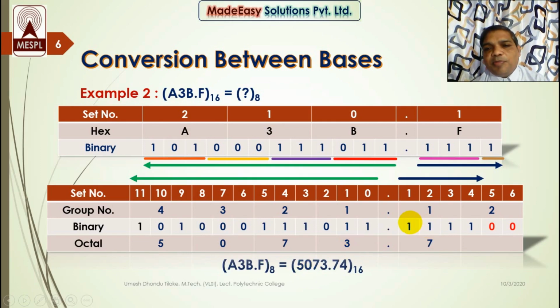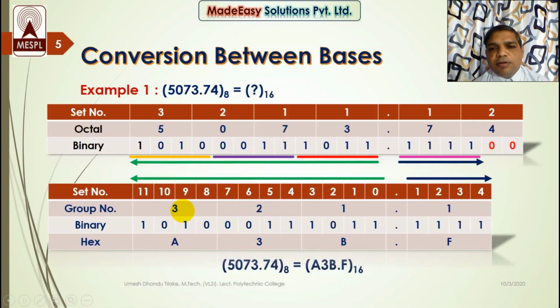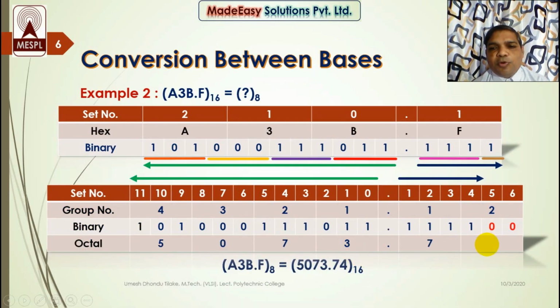Then come to the fractional part, 111 binary is equal to 7 in octal. You can verify from here because we have just verified it. Then come to the next group, 100 binary is equal to 4 in octal. So place 4 over here.